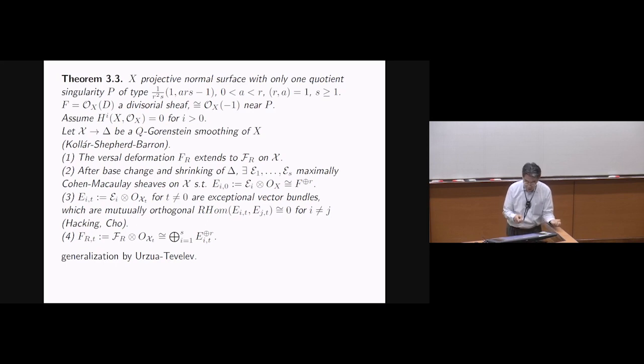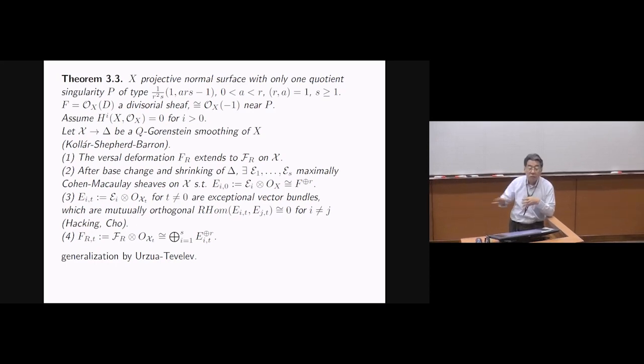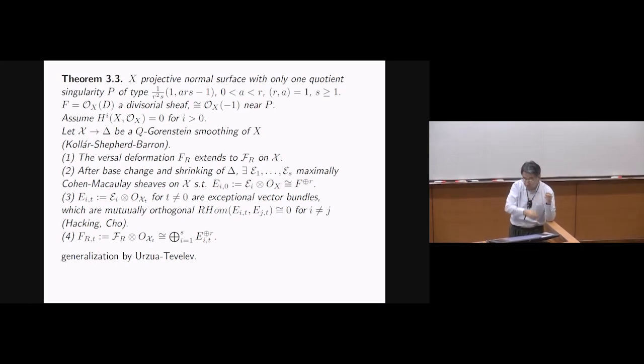So curly E_i has a singular special fiber. But this deformation has a smooth special fiber. So the special fiber is a locally free sheaf. So they coincide at the generic point, but at the special fiber, they are completely different. But on the generic fiber of the deformation, they are in some sense essentially the same.